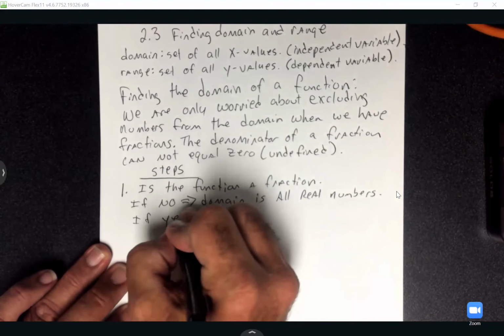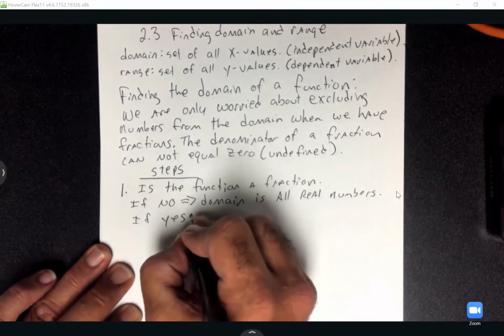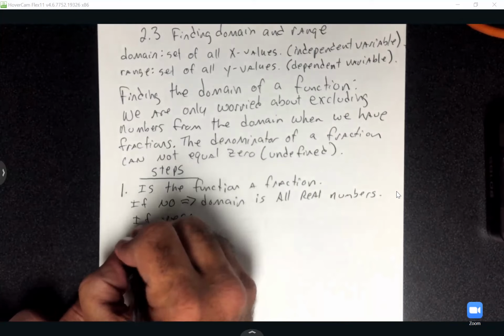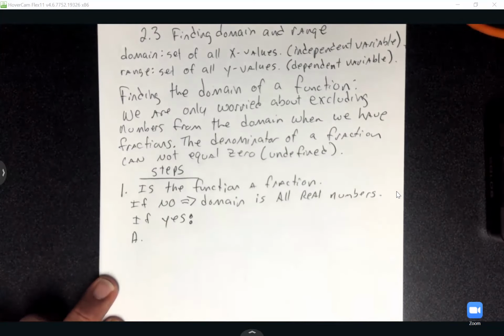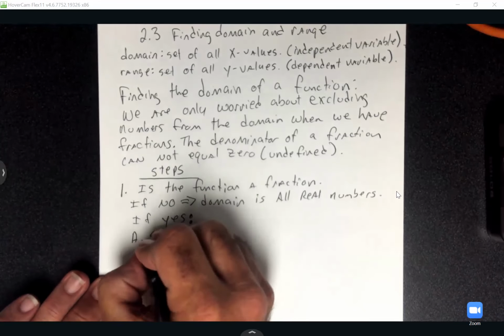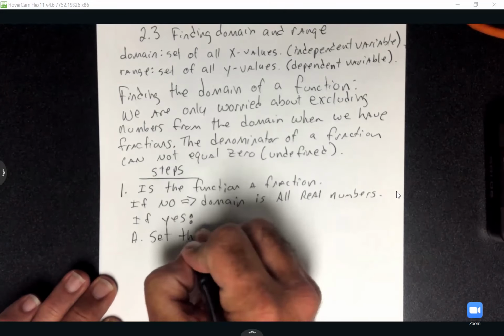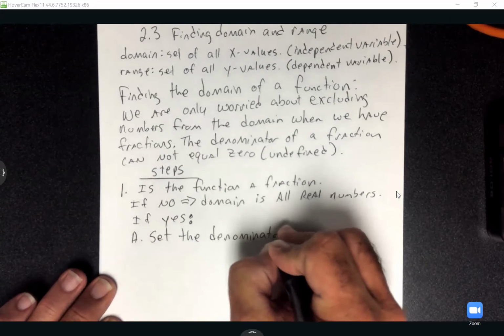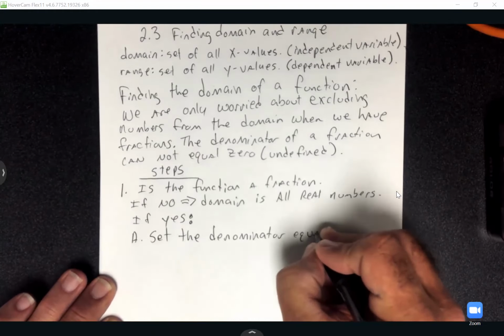If yes, so if you do have a fraction, we need to figure out what number makes it equal 0 in that denominator. So we're only going to set the denominator equal to 0.